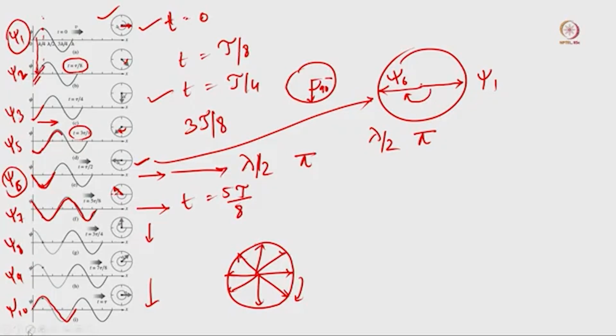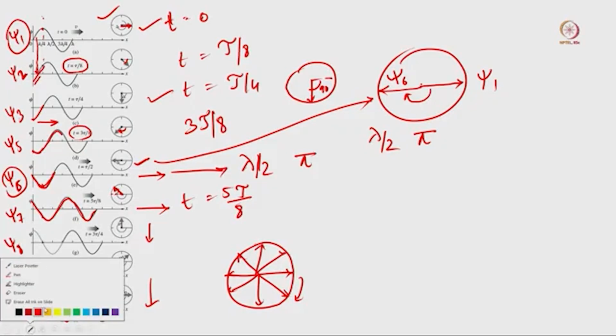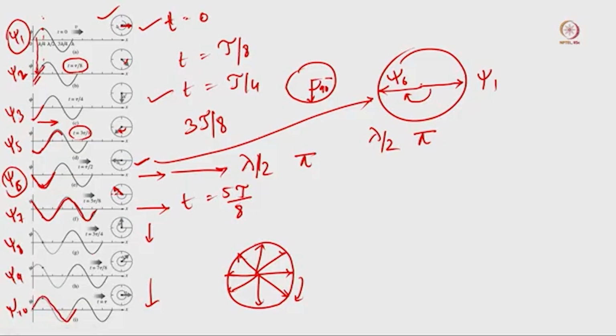I will use a different color, which will be easier to understand. Then finally the wave is back here. Even in this diagram, you can see both waves are in the same phase, but wavelength-wise, wave 10 is completely one wavelength different from the first wave.